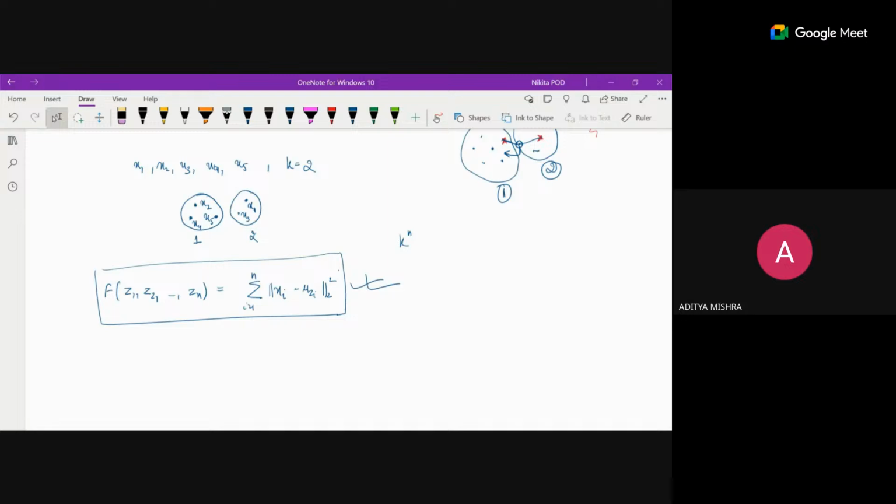Yeah, because there are k to the power n possibilities. Correct. So doing this, we're skipping a lot of steps, right? If you had gone with k to the power n possibilities, that would take a lot of time. To avoid that, we have this algorithm, and what we are saying is that this algorithm does converge to a solution.